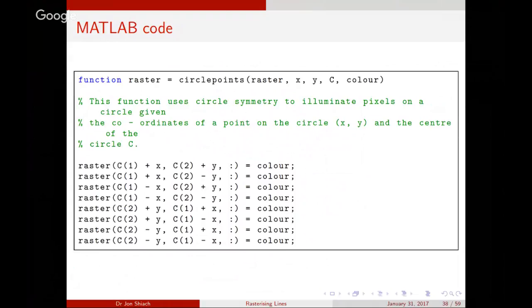We can then illuminate 8 pixels. So given just x and y, a point on the circle, we then know the positions of 8 points on the circle. So that cuts down on the amount of work we have to do by 7/8. You only have to do 1/8 of the circle to draw the entire circle.